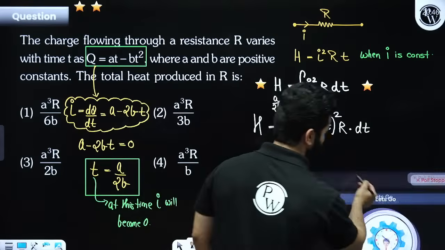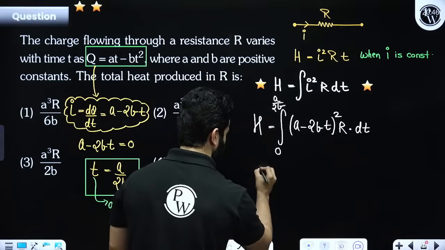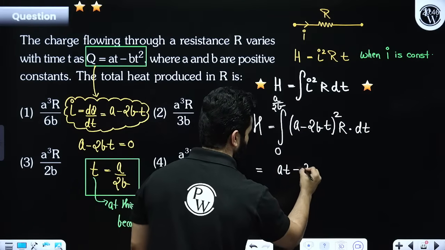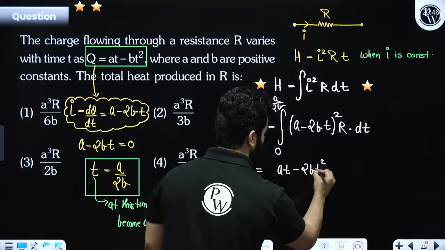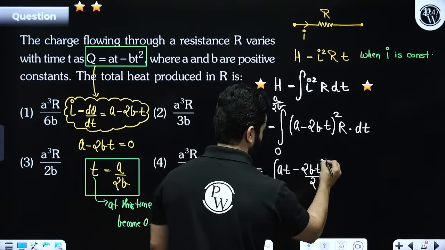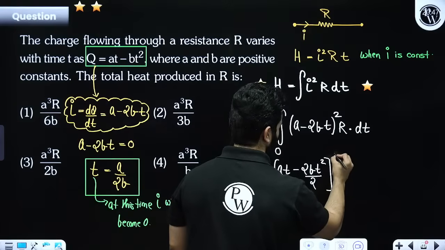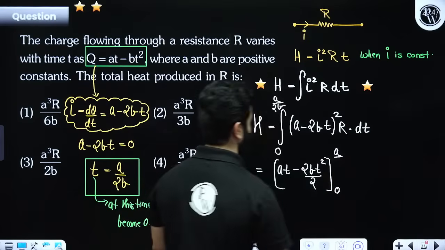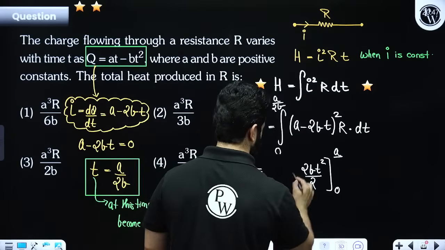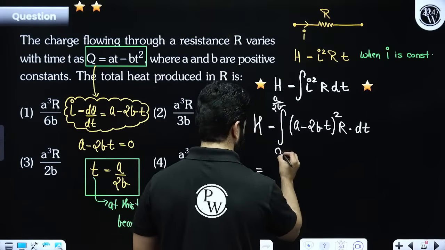Now let's quickly solve it, my dear friends. Acha, by the way, we have to square it first, I'm so sorry. I square R dt.